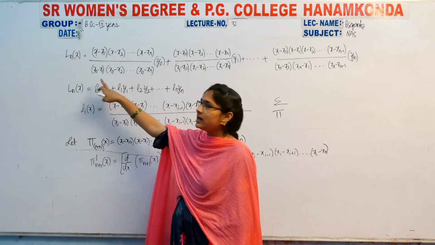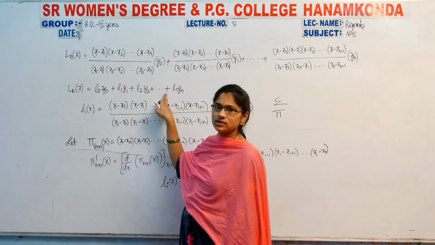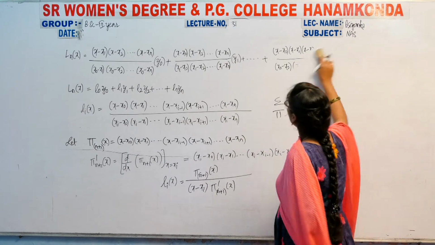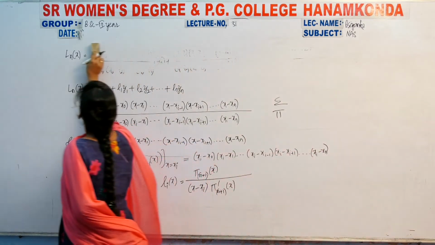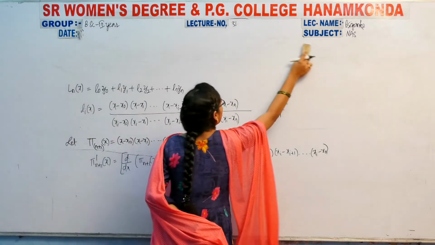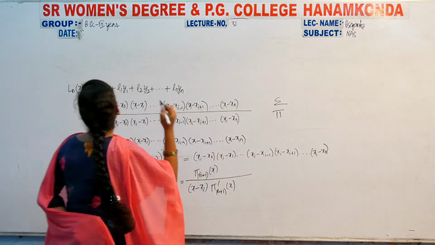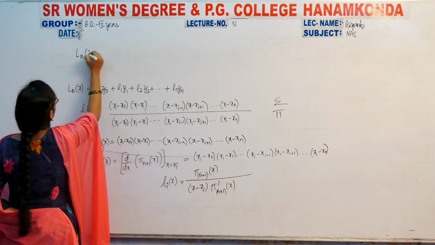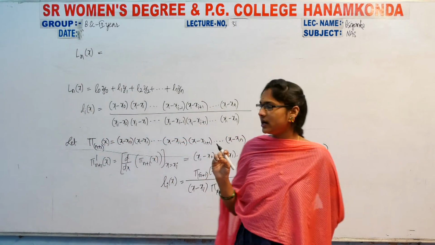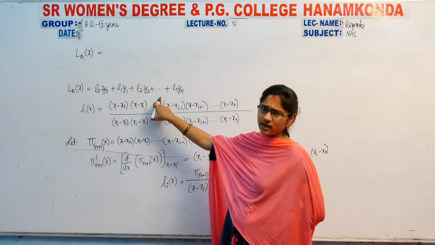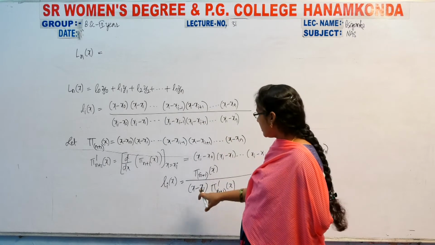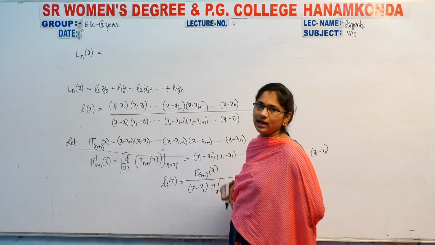But what is Ln? Ln is nothing but the addition. By using the above values, Ln of x is equal to L naught of x plus so on; clearly we are taking the addition, L1, L2, L3, L4 and so on.